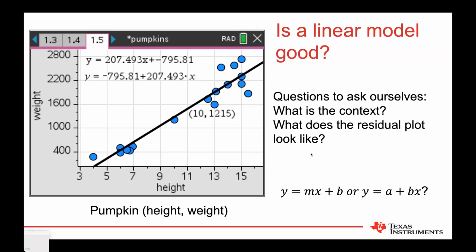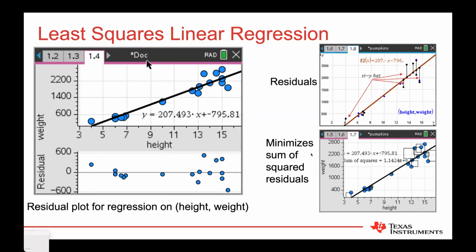But the question we really want to look at here, next slide, please, Tom, is: is that a pretty good model? It actually doesn't look too bad, except the way you're supposed to think about whether you've got a good model to fit is to look at the residual plot. The residuals, as you can see in the picture on the right with the little red arrow, are the difference between your predicted y and your observed y.